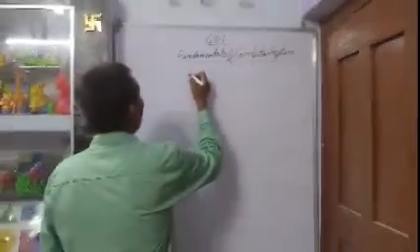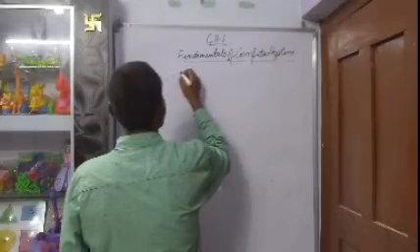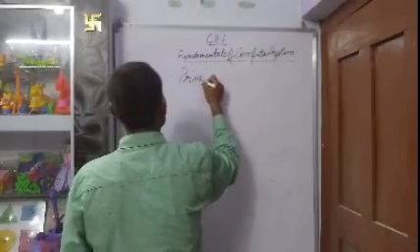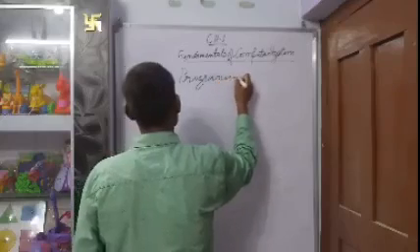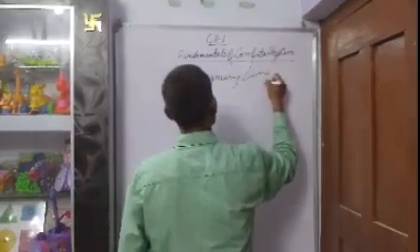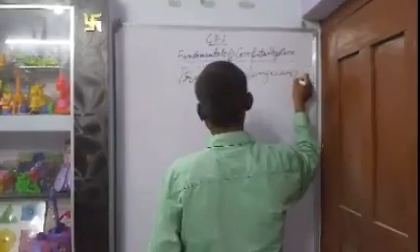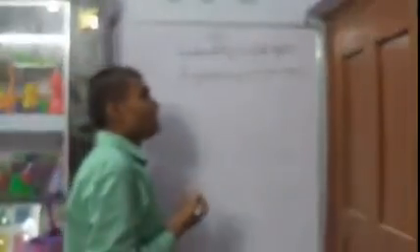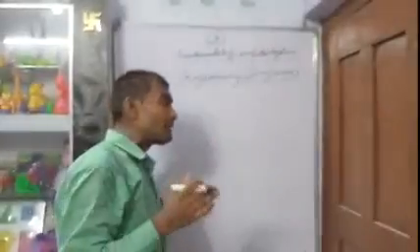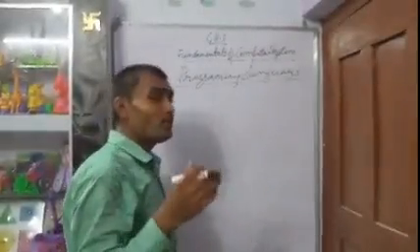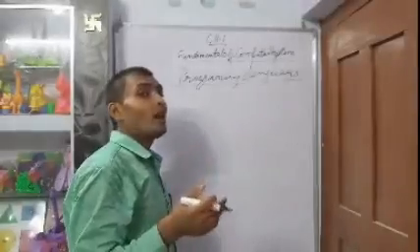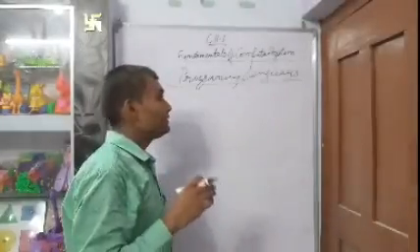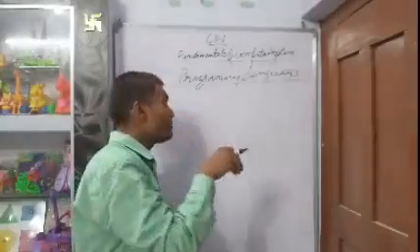Now, we are going to discuss programming languages. So, what are programming languages? Programming languages are those languages in which we create our program, meaning we give instructions to the computer.